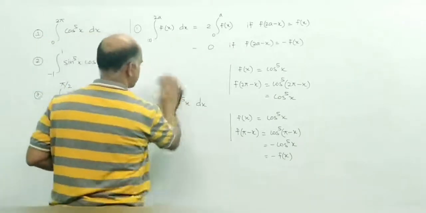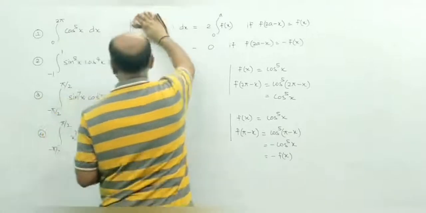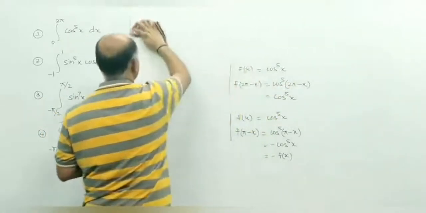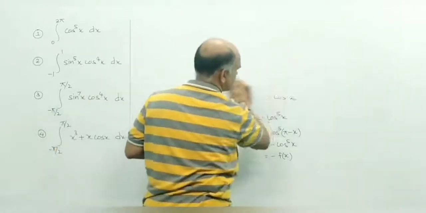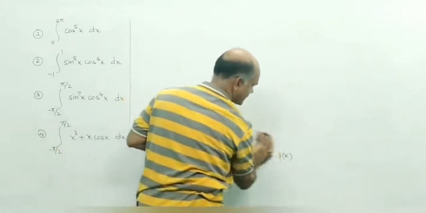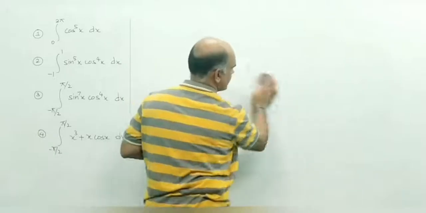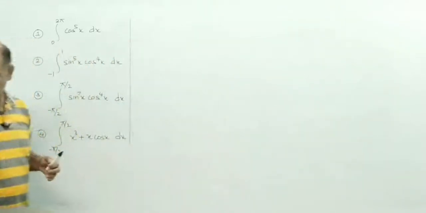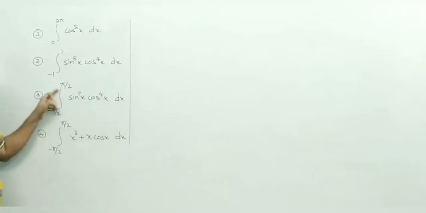Now students, these next 3 are very easy to recognize. Most of such type of problems you will have in CET. Where if you observe, limits will be same, but one is positive and another one is negative.